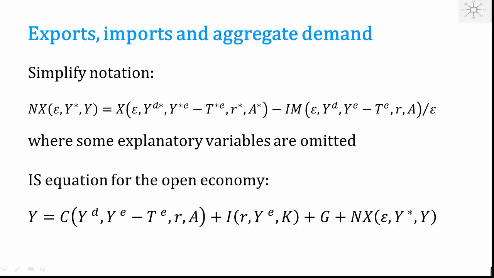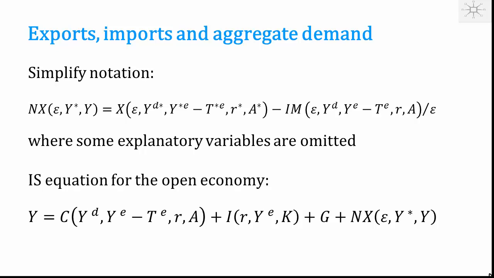And we just simplify notation by just including the main factors that determine net exports. And that is the real exchange rate, foreign activity, because an increase in foreign activity and income will increase the demand for our exports, and also domestic activity. So if income in the small open economy increases, that is going to increase imports and reduce net exports.